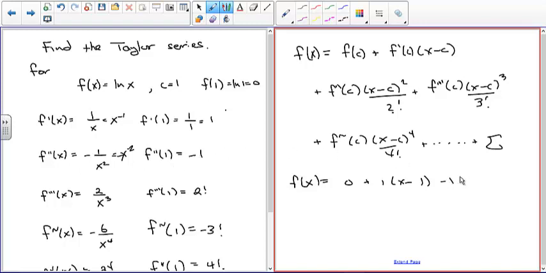So I have negative 1 times x minus 1 squared over 2 factorial. And then plus 2 factorial times x minus 1 cubed over 3 factorial, plus 3 factorial times x minus 1 to the 4th over 4 factorial. Like that.